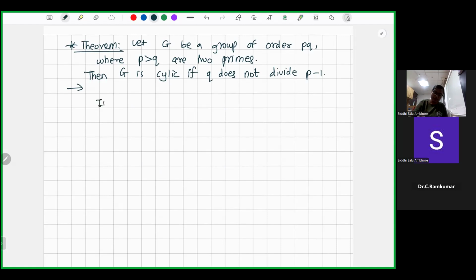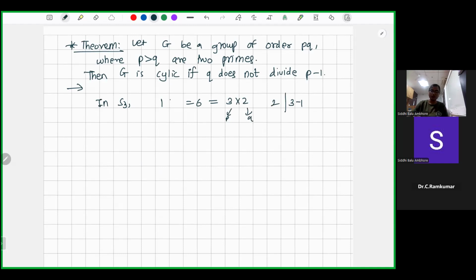This is the condition which we have, that G will be cyclic if Q does not divide P minus 1. In case of S3, the cardinality of S3 was 6, which is 3 into 2. Here this is my P, this is Q, and 2 definitely divides 3 minus 1.